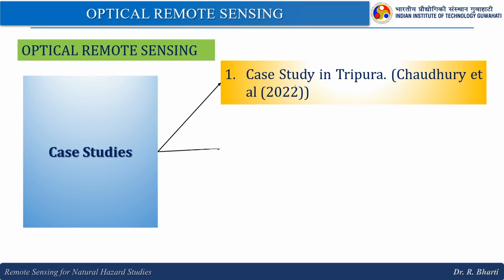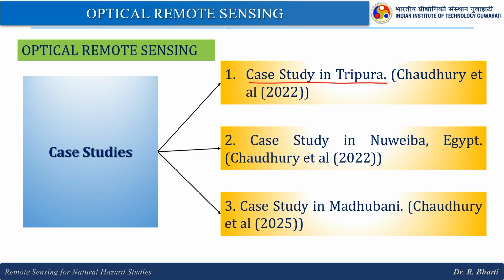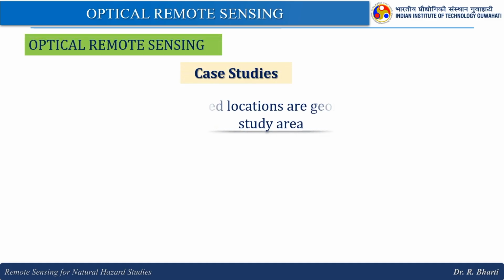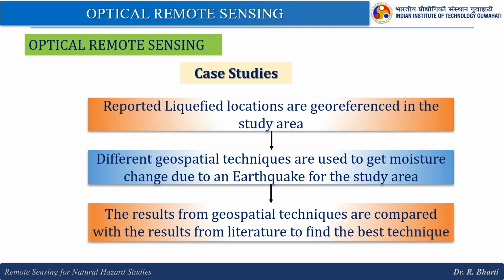So, here first we will talk about the Tripura region, then we will have Egypt, and then we will have Madhubani, and these are published literature. We will see some of the details so that you will have an idea how geospatial techniques are used. When we talk about optical remote sensing, reported liquefied locations are georeferenced in the study area.